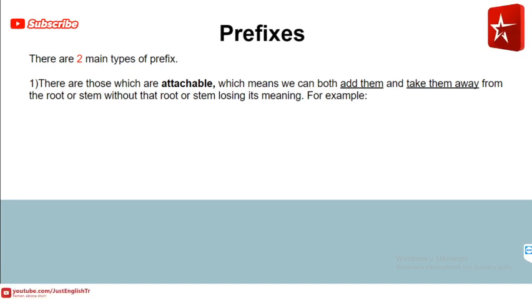For example, if we have a look at the word, let's say, unhappy. Unhappy here is made up again of three parts. Can anybody tell me what the prefix is?